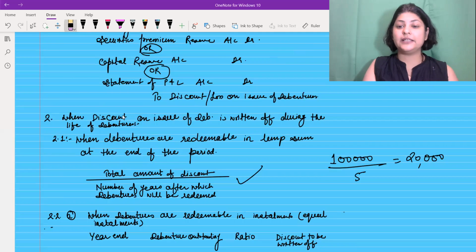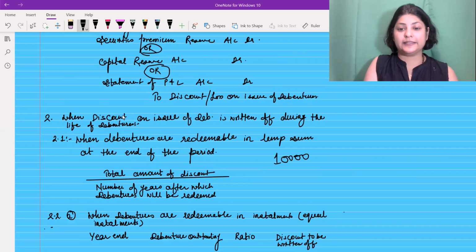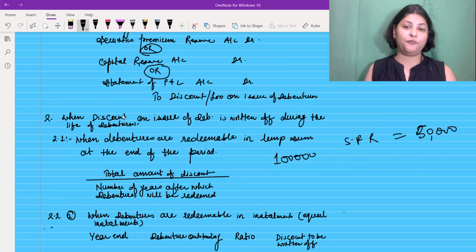For example, this 1 lakh rupees is loss on issue of debenture, and you are being given security premium reserve balance. Let's say SPR is available to you, which is 50,000 rupees, and rest you will have to write off from statement of profit and loss.